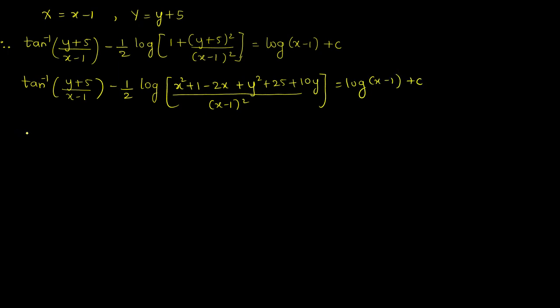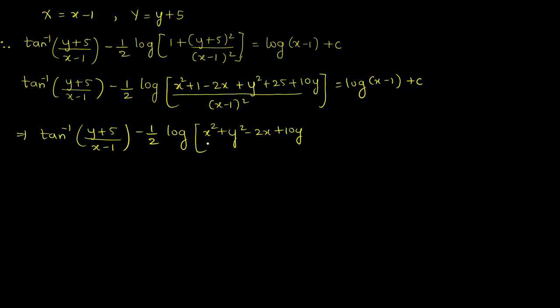So for the simplification, that will imply it is tan inverse of y plus 5 divided by x minus 1 minus 1 over 2 log of x square plus y square minus 2x plus 10y, and then we have the constant 1 plus 25, that will be plus 26, whole divided by x minus 1 whole square, and here we are left with log of x minus 1 plus c, which is the required solution.